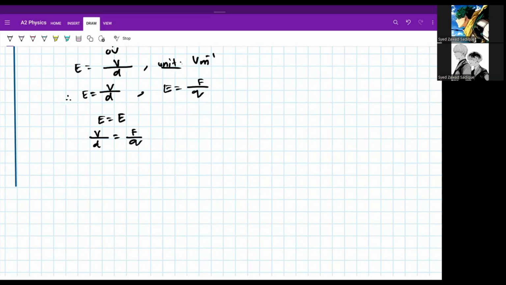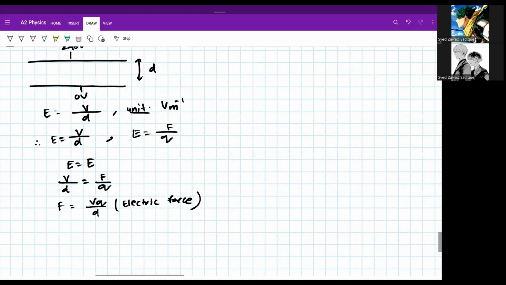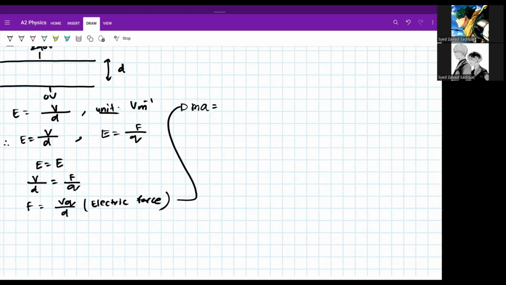Then force is equal to Vq by d. If we continue, we know resultant force is mass times acceleration.